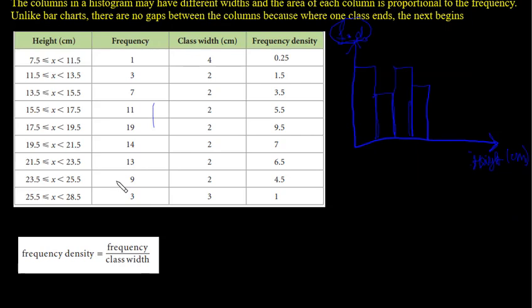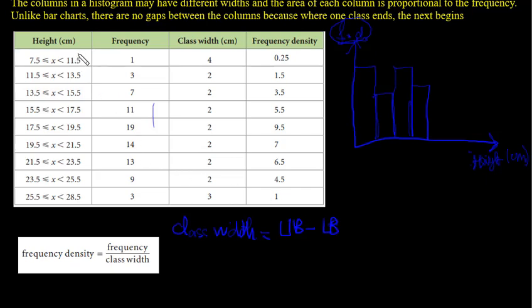How can we find the frequency density from the table? Frequency density is equal to frequency over class width. To calculate class width, class width equals the upper boundary minus the lower boundary.